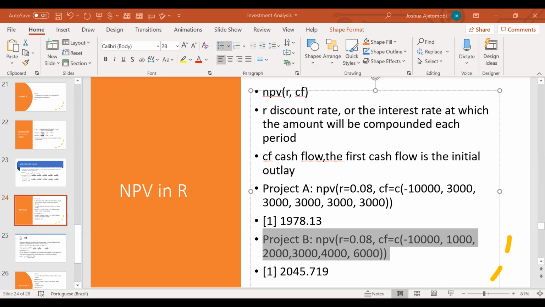But I cheated, Prof. I did copy and paste. Oh, if you do copy and paste, you will see include project A. So it's not going to work. So if you want to copy and paste, then you will not include project A. Then it's going to work for you. So that is it. Yeah. So let's go back to.